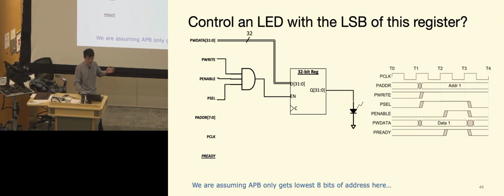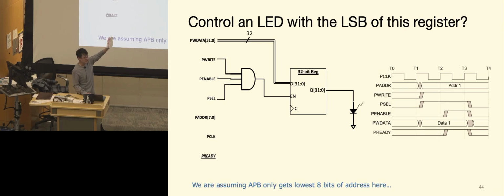And then this is the output of the register on the right. DQ is basically 32 D flip-flops, 32 on one side and 32 on the other side. And then DAO outputs only one bit, index 0, the least significant bit. That turns the LED on and off in this case. And as you imagine, the clock goes to all the registers as well. In this case, P-ready connects to what we call VDD, or logic 1, because it's essentially always ready.